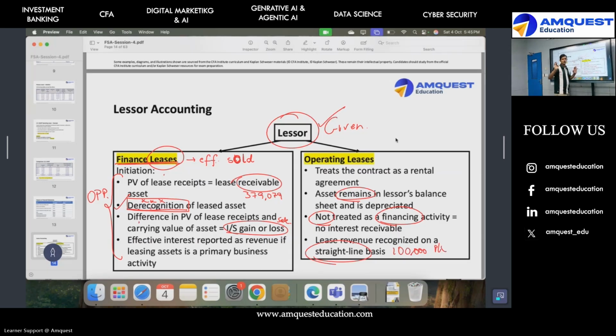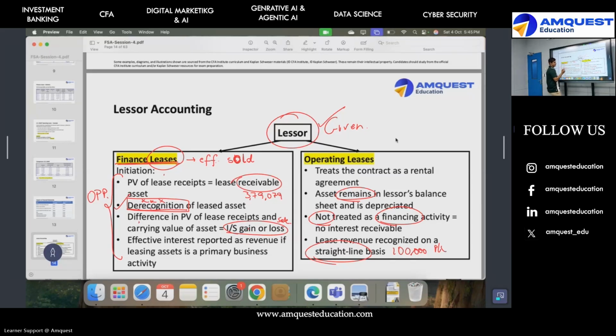That's it. No asset, no depreciation, no amortization, nothing. 1 lakh every year. This is how simple it is for a lessor. Lessor, two things. Operating lease, 1 lakh every year, nothing further. Finance lease, he will record receivable, he will record asset sold. Are we clear? Receivable, asset sold.